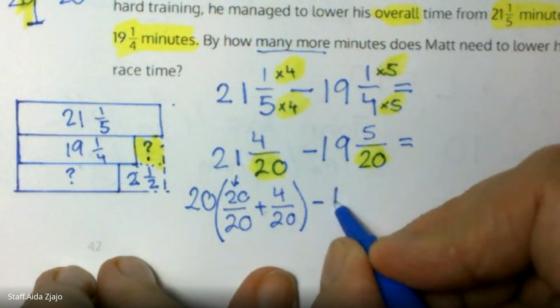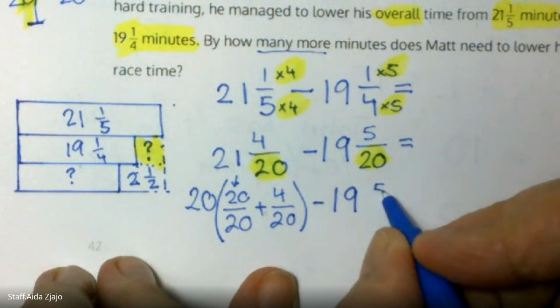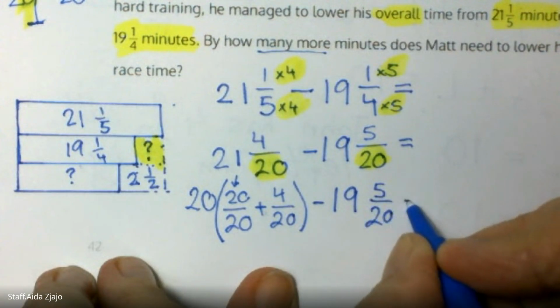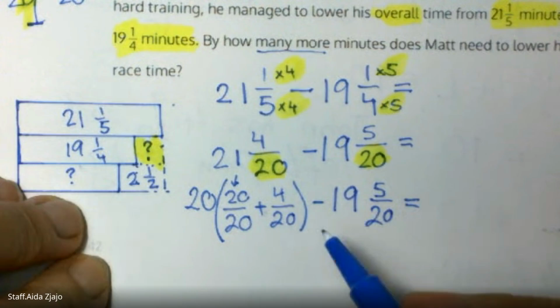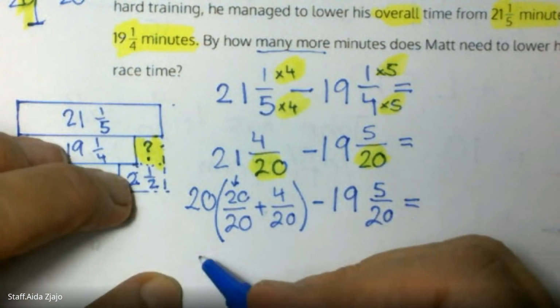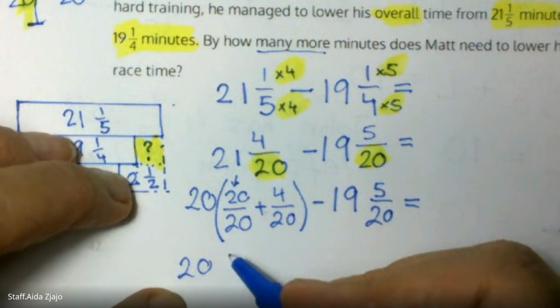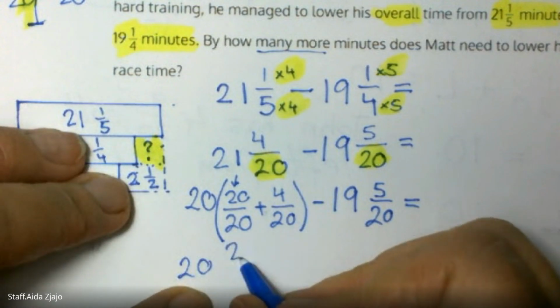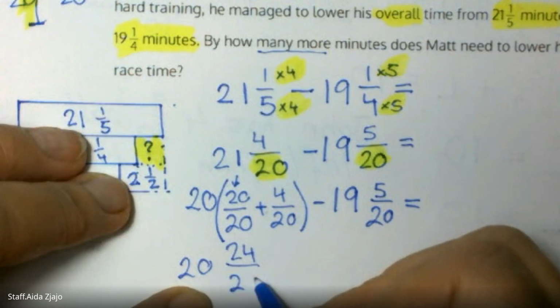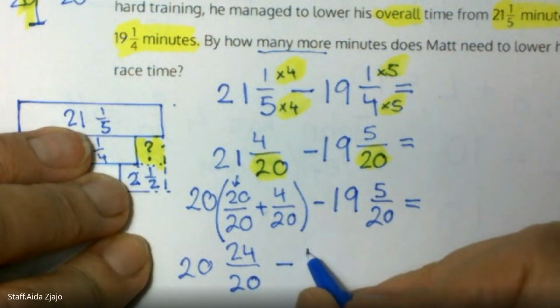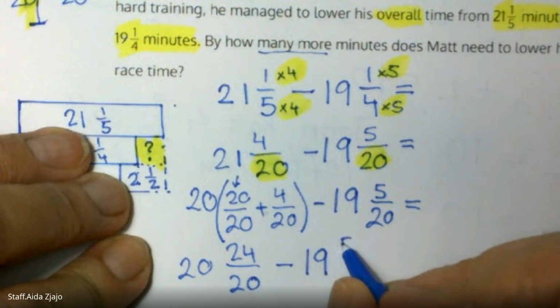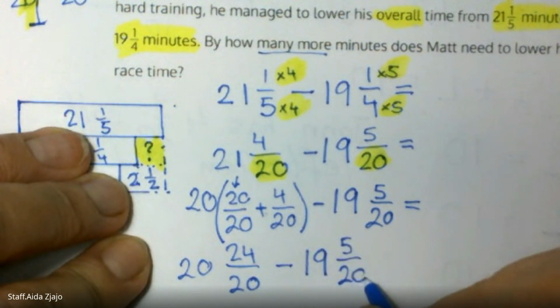Then I can subtract: 20 wholes and 24 twentieths minus 19 wholes and 5 twentieths.